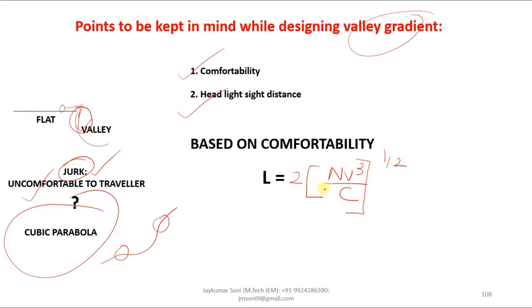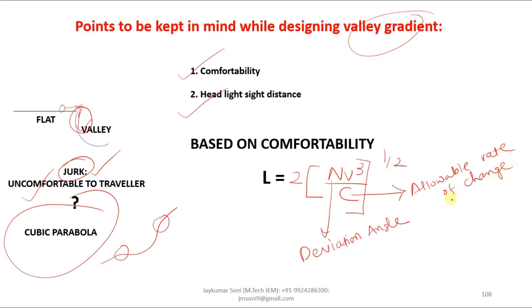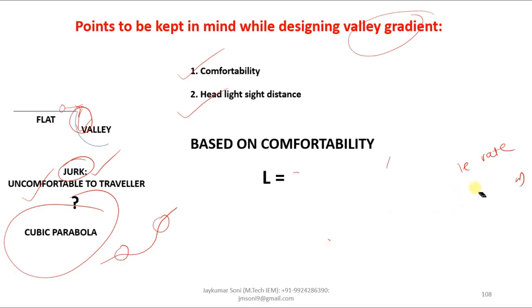Here N means deviation angle, C means the allowable rate of change of centrifugal acceleration, and V will be the speed. So based on comfortability, the equation to calculate the length of valley curve is this.